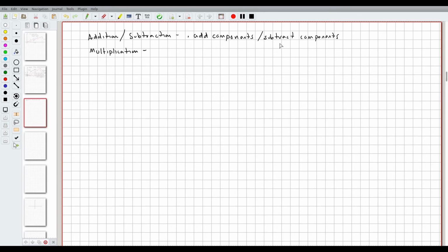Multiplication is more complicated. There are three types of multiplication that you see used in vectors. You have what's called scalar multiplication, you have what's called the dot product, and then you have something that's called the cross product.